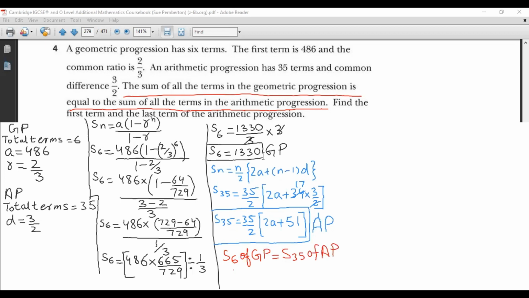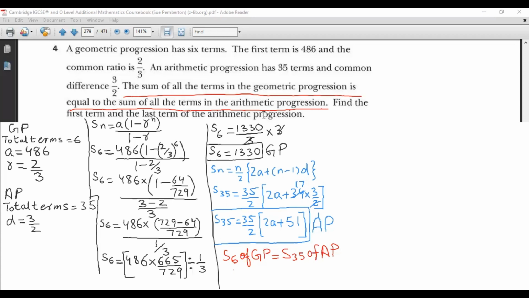The red line which I have marked over here is showing this thing, that S6 of GP will be equal to S35 of AP. So now we are using this scenario to do the working. Now they have said find the first term and the last term of the arithmetic progression. We have to find the first term and the last term of the arithmetic progression in this given scenario.